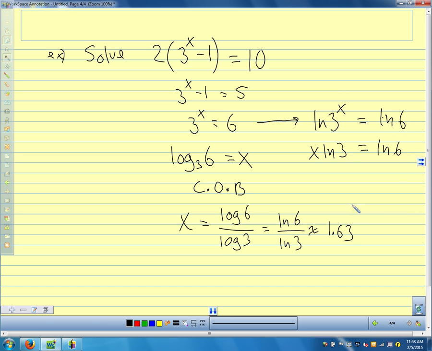Do the same thing to both sides, right? And then I get x equals natural log 6 over natural log 3. Exactly where we were before. So either way works. Either way will get you where you need to go. All right, questions on that one?